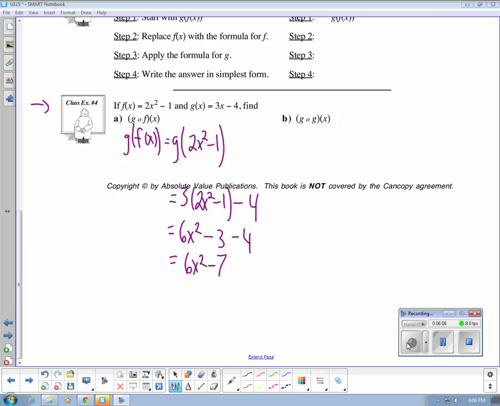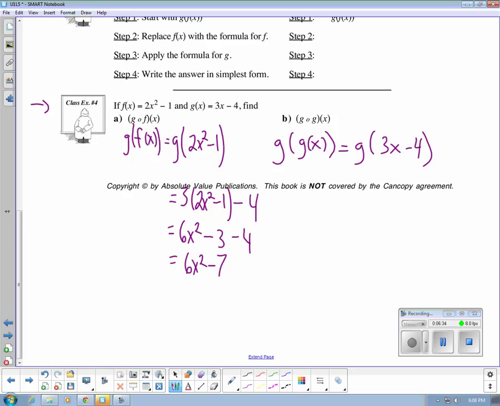Following similar logic, I'm going to translate the g at g and write it g at g at x. Follow those brackets. Go to the deep inside bracket and tell me what it is. G at x is 3x minus 4. So I replace the function with its actual expression, 3x minus 4.